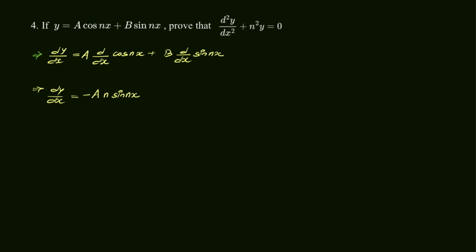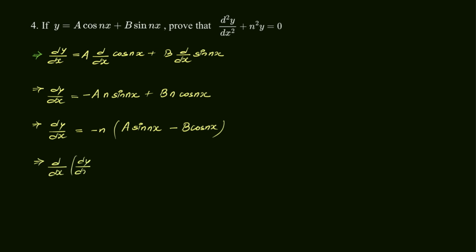This is by chain rule, you can do it step by step, plus b is constant and d/dx of sin nx is n cos nx. So let us take out minus n common here, so we will get a sin nx minus b cos nx, since we are taking out minus common. Now let us again differentiate both sides with respect to x.